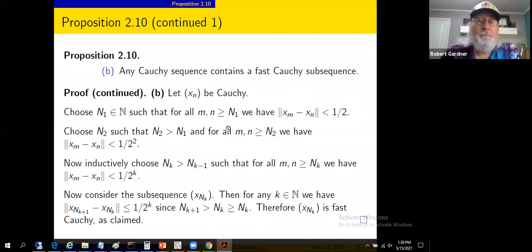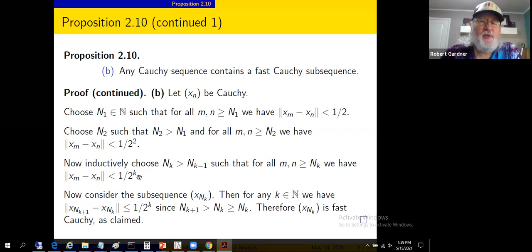Do it again. Pick an n sub 2, such that n sub 2 is strictly greater than n sub 1. We can make n sub 2 large if you like. For all m and n greater than or equal to n sub 2, we have the norm of x sub m minus x sub n less than 1/2 squared. Think of that as epsilon, and so forth.